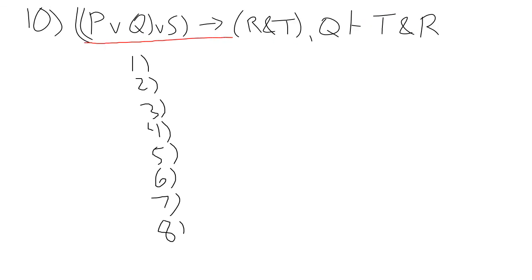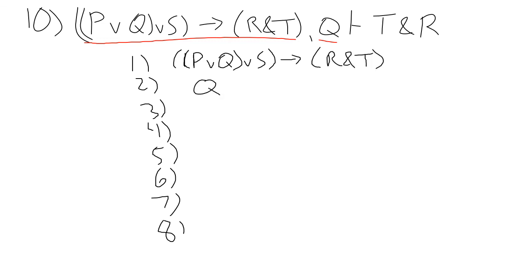Now for problem 10, we've got two different premises here. P or Q or S, arrow R and T. Q by itself, 2. Looking for T and R, the ampersand.